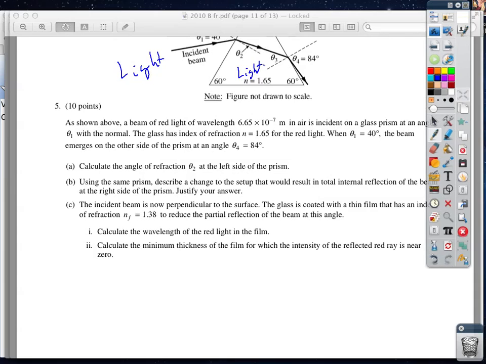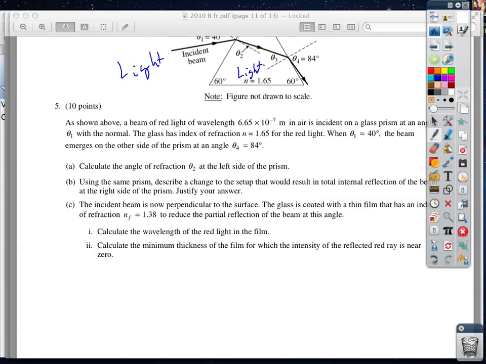What is the only thing in that diagram, the only number in that diagram, that connects or tells us light out there behaves this way, but light in here behaves this way? Dan, what is N? And what does that mean? What is 1.65? What is N? It is the index of refraction.